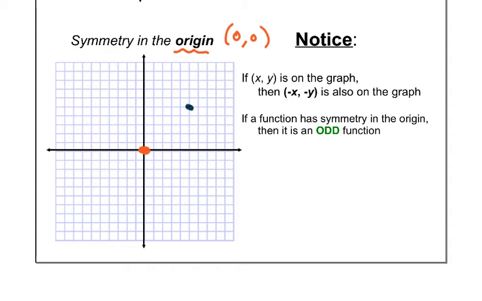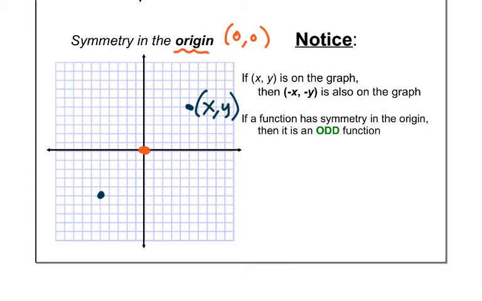Let me give you a point here, how about some point (x, y)? Now what happens with the origin is it flips diagonally over that origin, and it's going to land somewhere over here with my new point. That's symmetry over the origin. It's like I flipped over the point and I got this new symmetric point.